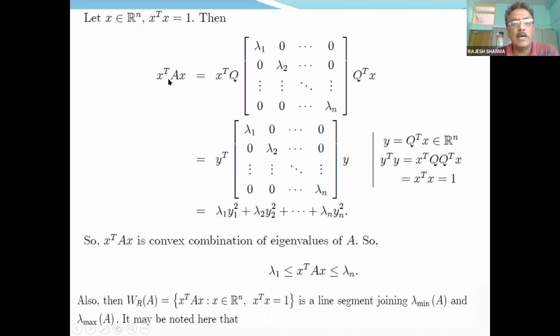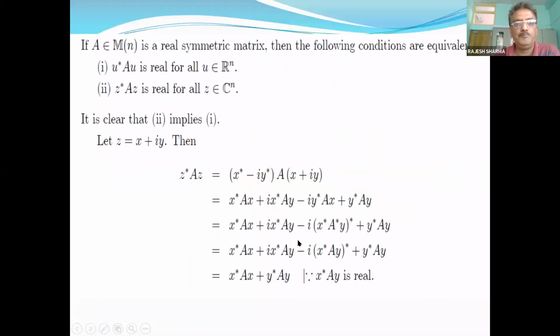Now take this expression x^T A x. This comes out to be x^T Q D Q^T x. So if we put this equal to y, then we have y^T D y. And this comes out to be a convex combination of λ1, λ2, ..., λn, and eigenvalues of a real symmetric matrix are all real. So W_R(A) is then the line segment joining the smallest and largest eigenvalue of A.